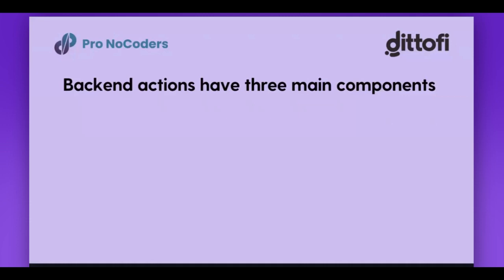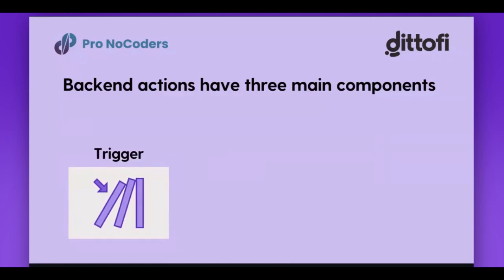So when we actually get to backend actions, backend actions are basically broken down into 3 main parts. First off, you have the trigger, which is the thing that's going to actually cause this backend action to run. So for example, generally speaking, you want your backend action to run when someone clicks on a button in your app. When someone clicks on the login button, for example, you want to trigger your login backend action to run.